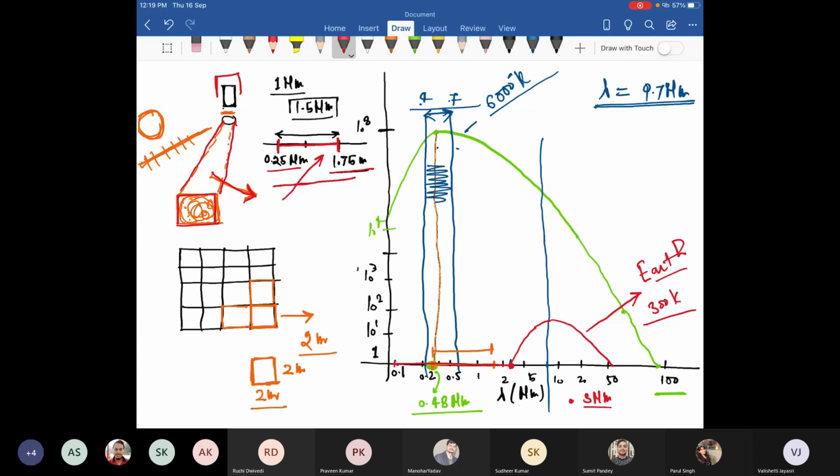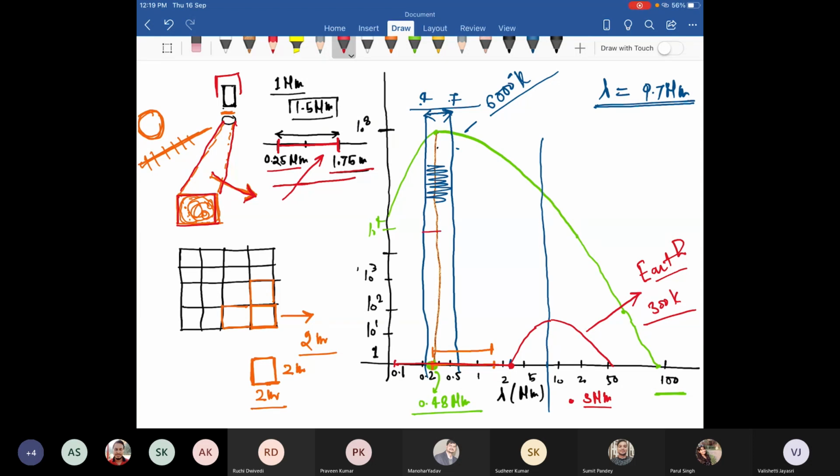So the reflected part is much more detected by sensors. Correct. Let me further build on your discussion. You told that Earth absorbs the energy at low wavelength while it radiates the energy at high wavelength. This can be clearly visible from the plot over here.